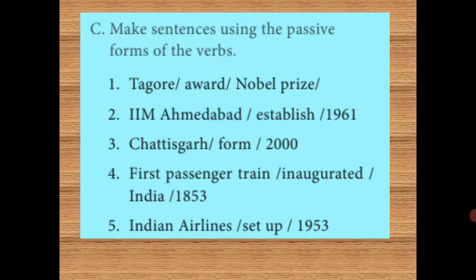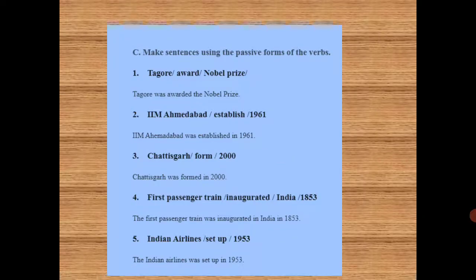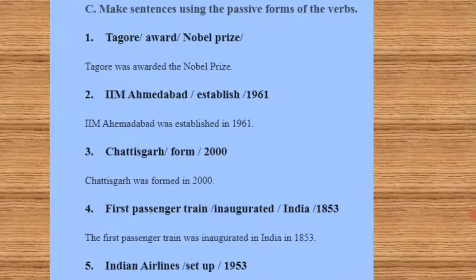In the second and third sentences, look at the verb. You can change the verb to past tense also. Tagore, Award, Nobel Prize: it's an example of how we can make these clues into sentences. Don't worry about the verb.